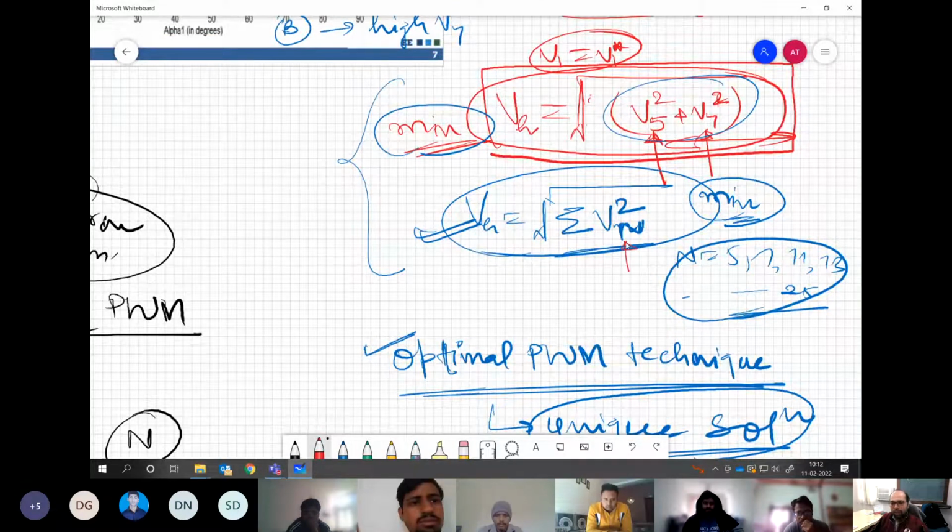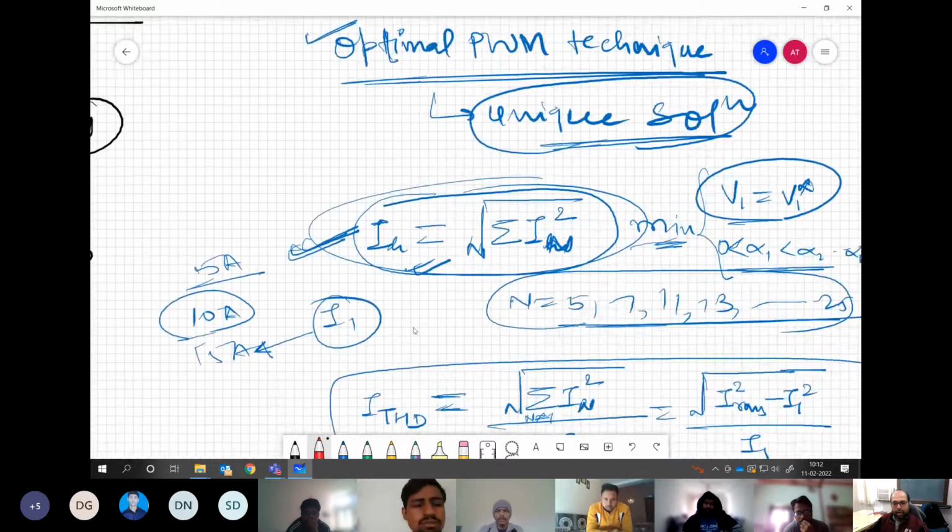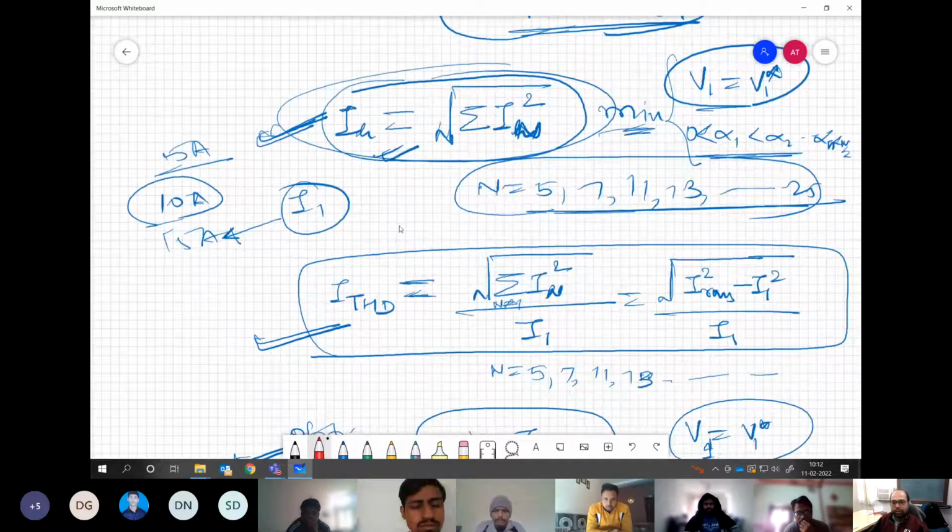Now we are finding that we are giving equal weightage to all the harmonics when we do such an arrangement. Somebody may point out, why so? Because the lower order harmonics are more dominant, more important, and we should look for that. And actually, it is the current which we are concerned about and not the voltage.